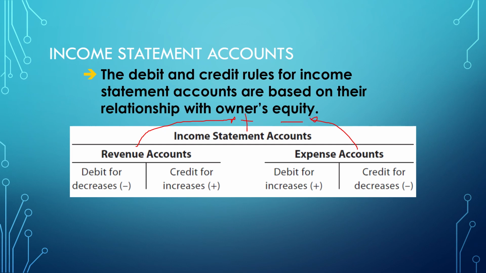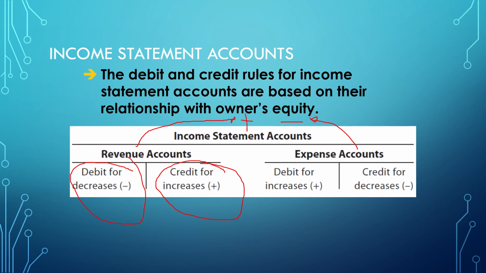It's a minus to owner's equity. Therefore, if revenue is a plus to owner's equity, mathematically speaking, they fall on the same side, right? So if owner's equity increases on the credit side, revenue will also increase on the credit side. And if owner's equity decreases on the debit side, revenue will also decrease on the debit side.